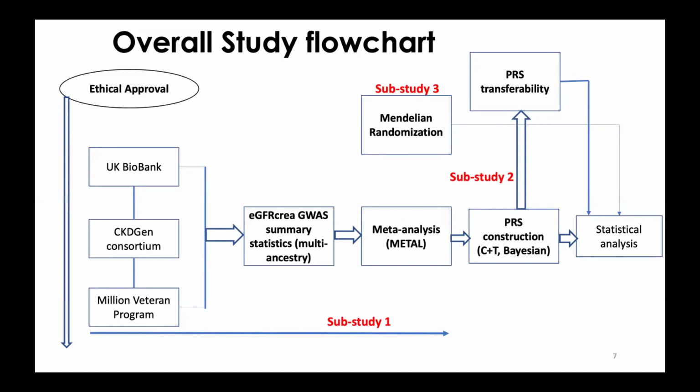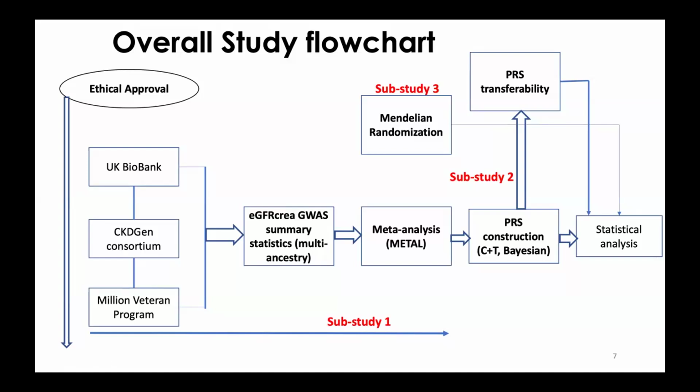There are different algorithms that you can use to perform the meta-analysis, but here we used the sample size weighted meta-analysis because of the different transformations within these cohorts for that particular phenotype. And then we leveraged the biggest contributor to those three data sets, which is MVP, to construct a PRS.